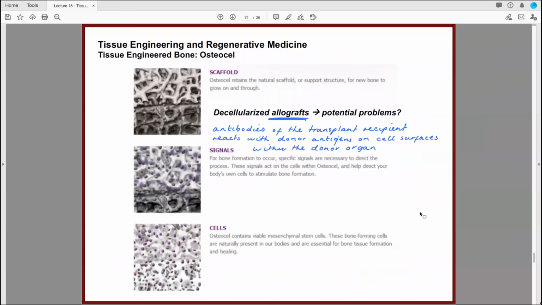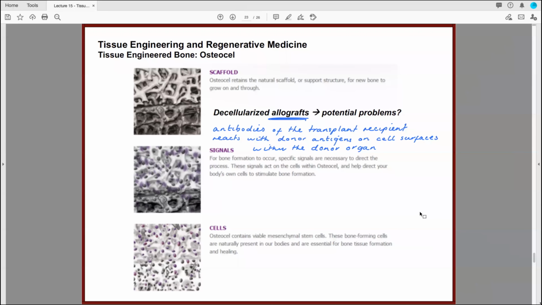So here's another example. This is called osteocell. So the osteocell retains the natural scaffold of bone, and it allows new bone to grow on and through. So they have decellularized allografts. The potential problems with those is that they can get rejected.